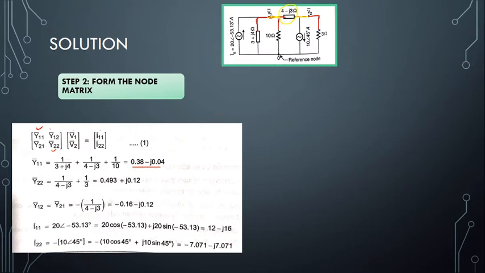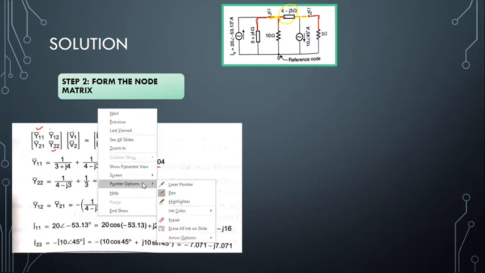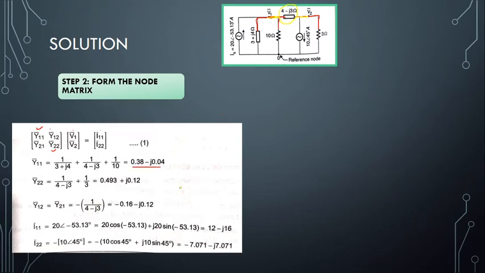So Y12 or Y21 will be 1 divided by 4 minus J3, and common elements we represent with a minus sign, as we saw in the mesh analysis method. So it is minus of 1 divided by 4 minus J3, and therefore we get this answer: minus 0.16 minus J 0.12. So I hope you're clear with this particular admittance matrix.